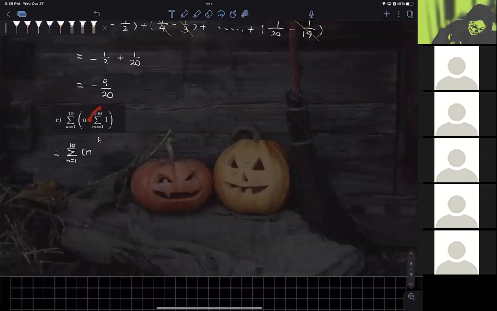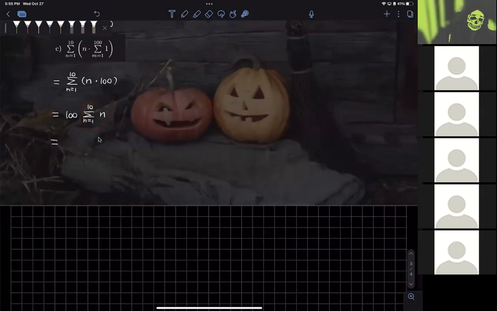What is this? What is this equal to? That's a constant, equals 100, exactly. Then you can move the 100 out. What is this? This is not 10. What is this?